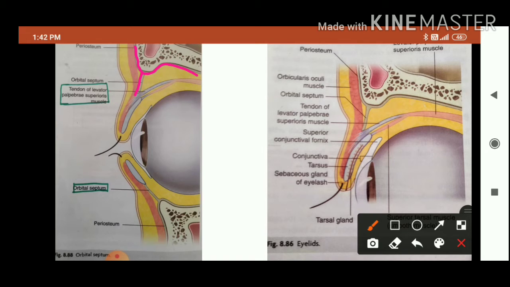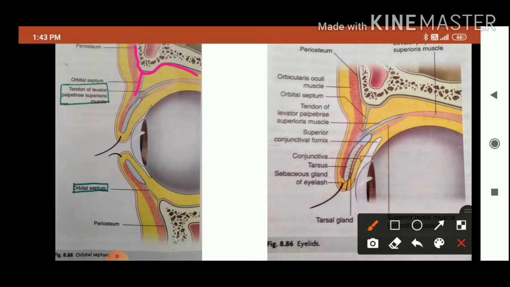It is diverse, but from the structural point of view, the orbital septum gives attachment to various muscles. For example, it attaches the tendon of levator palpebrae superioris to the eyelids. This is one very important structural function of the orbital septum. The orbital septum also gives support to the eyelid.